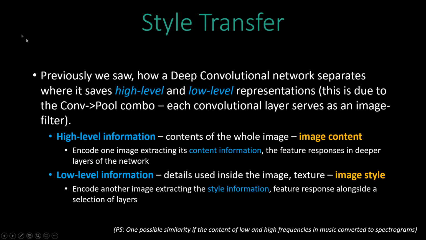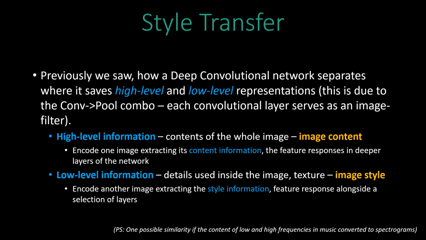And the idea of style transfer revolves around the fact that we can then take these representations of content and representations of styles and start mixing them together somehow. And we will see in more detail how that happens.